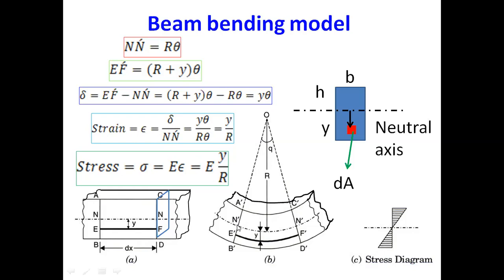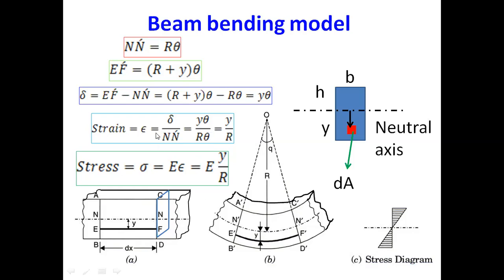The original dimension is actually at the neutral axis, because initially we have taken these two vertical lines, and the distance between these two is the original length. It has changed above the neutral axis. This length has decreased. Below the neutral axis, this length has increased.